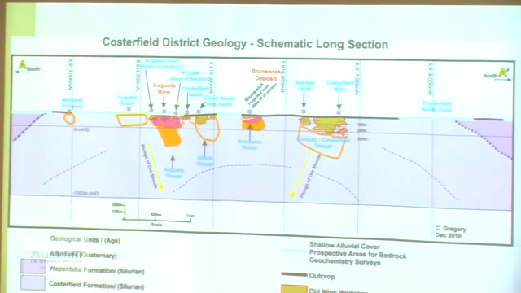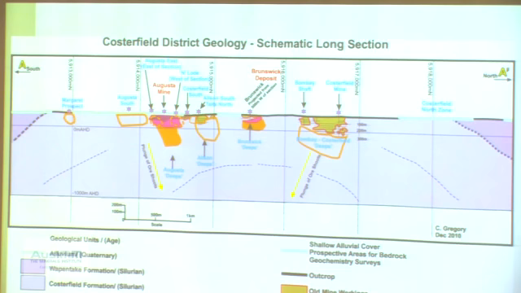You can see the Costerfield mineral field encompasses large historic workings like the Costerfield main. We've got Bombay, Minerva, Allison workings, and of course the Augusta mine that started up as AGD in 2006, and then changed over to Mandalay in 2008.